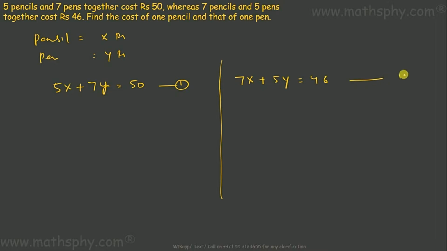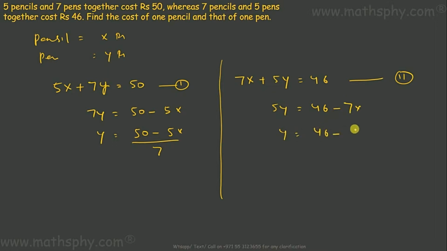That's my second equation. So 7y is equal to 50 minus 5x, so y would be (50 minus 5x) over 7. And 5y equals 46 minus 7x, so y would be (46 minus 7x) over 5.